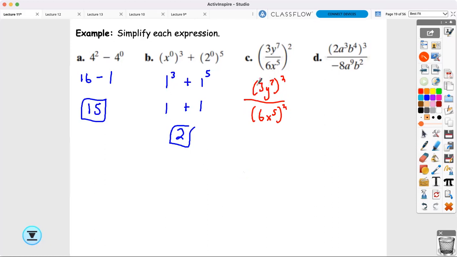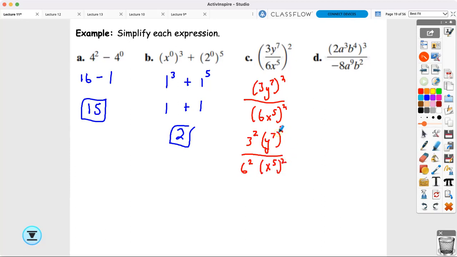Well, we have a power to a product, right? So this power goes to both of these numbers. 3 gets the square, so we get 3 squared. And then y to the 7th gets squared too. And on the bottom we get 6 squared, and x to the 5th gets squared too.